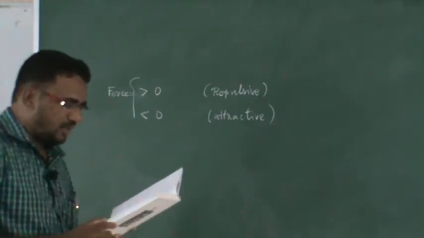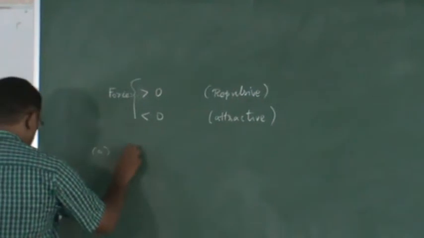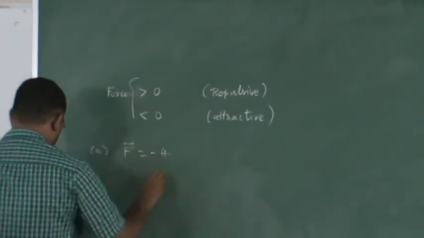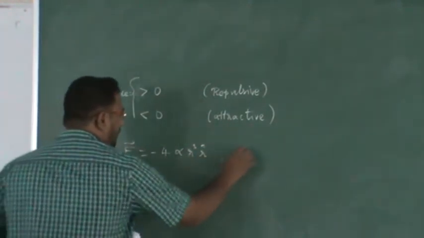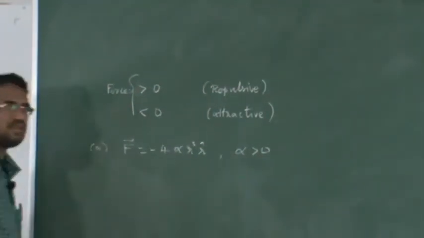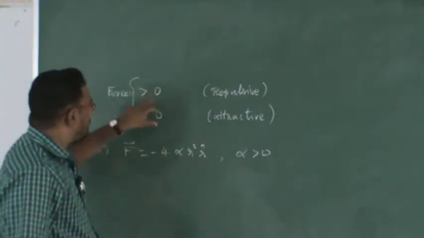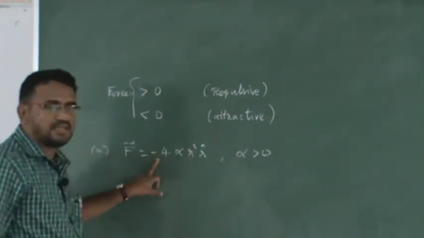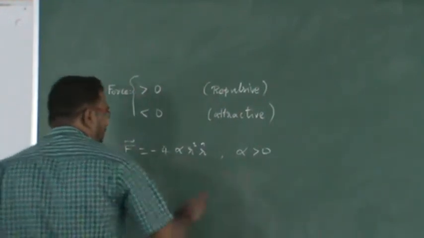For A, F is equal to minus 4 alpha r cubed r cap, where alpha is greater than 0. Since alpha is greater than 0, that's a positive number. Therefore, the force is negative. Therefore, this is attractive.